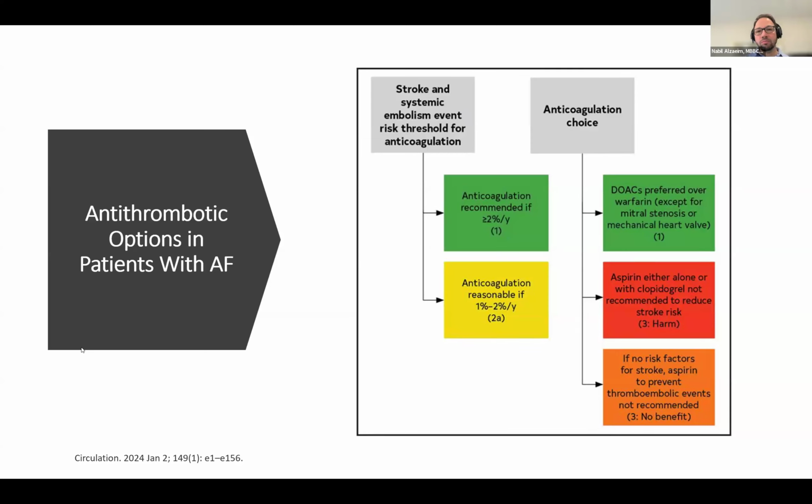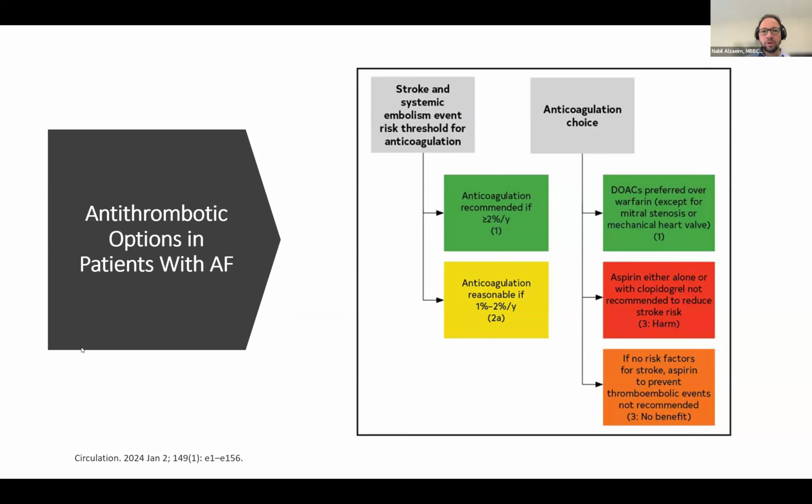Then how to select the anticoagulation medication: as we mentioned, the DOACs are now the standard of treatment for anticoagulation for patients who don't have valvular disease, and warfarin for patients with mitral stenosis or mechanical heart valve. Now, I know that in the past we used to sometimes use aspirin or Plavix.